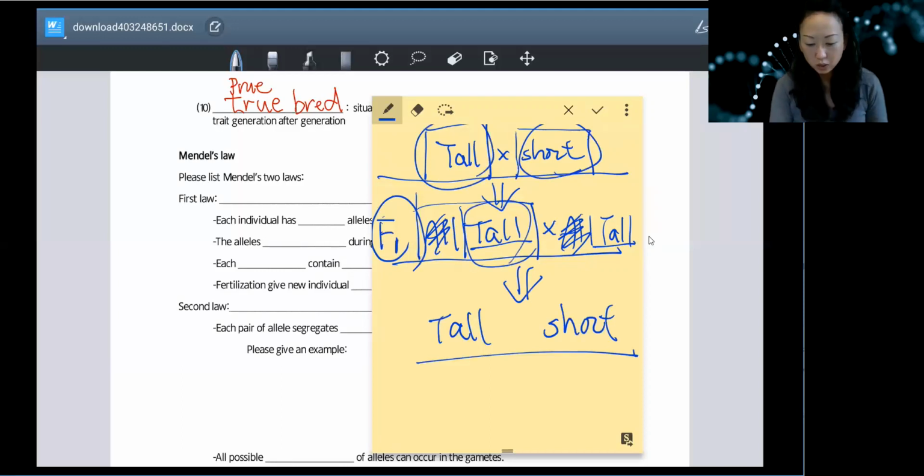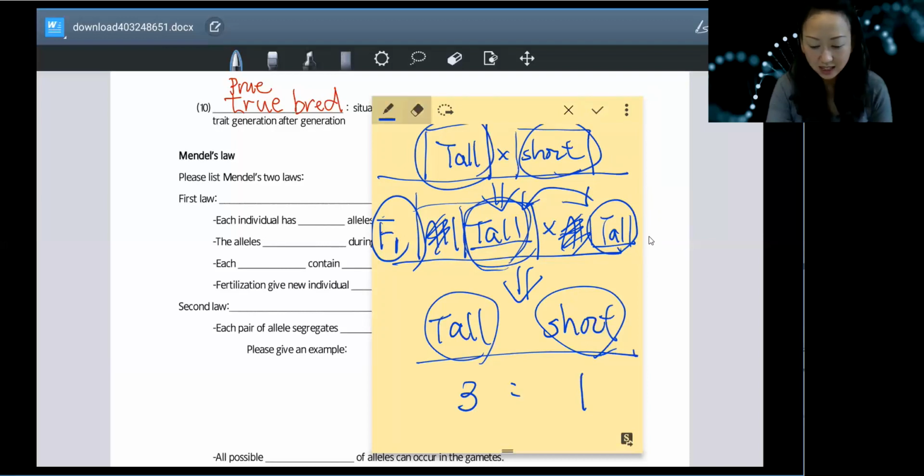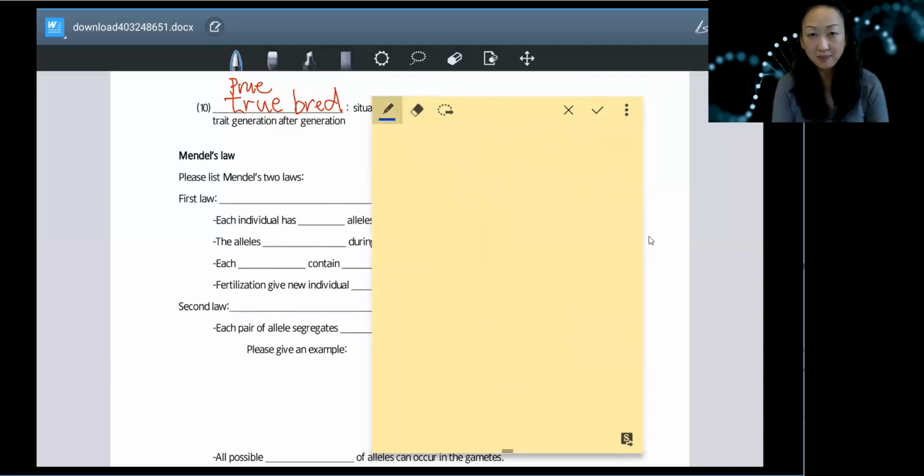And then now when he self-crossed that generation, which are all tall, he got tall and short. He's like, what's going on? And then he counted how many of these, and he found out it had a specific ratio. It was 3-to-1.